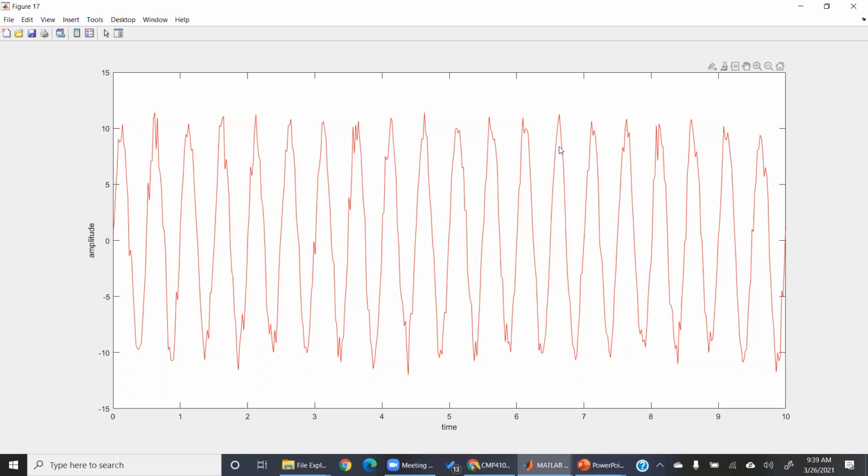Remember, our original signal was clean, and all of a sudden you have noise contaminating that signal, and it looks a little bit fuzzy. Now, what if we had started with this signal? Would it be possible for us to work backwards and remove whatever noise?